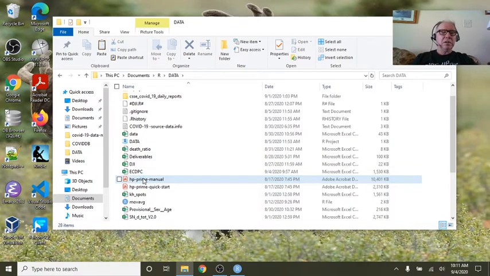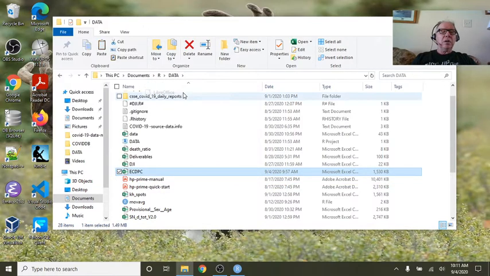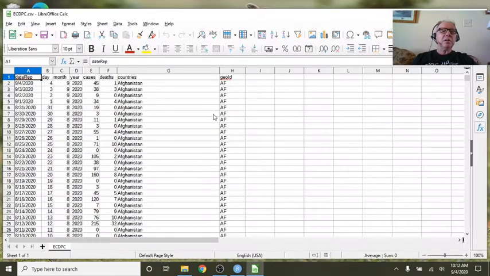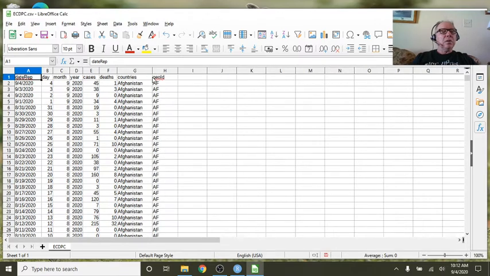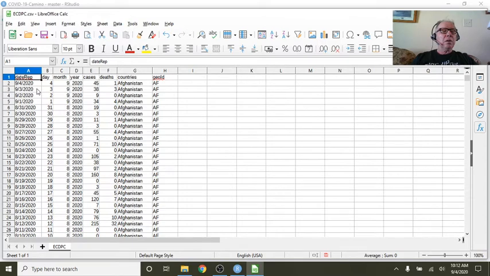First of all, get rid of this. Come back over here, open up the LibreOffice. Open up this. While we're here, just give this a year, month, date.